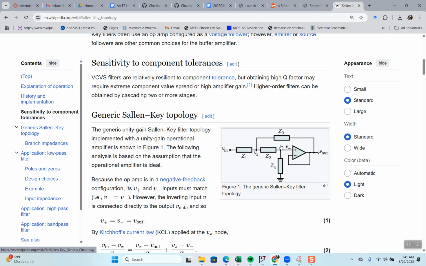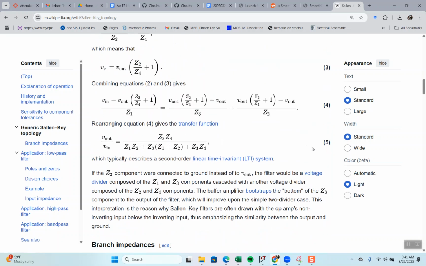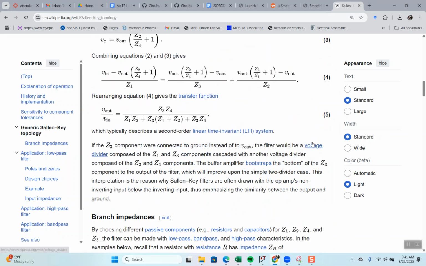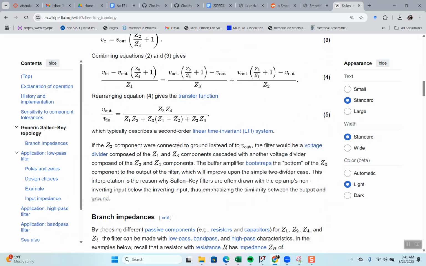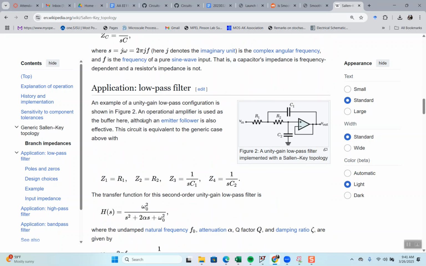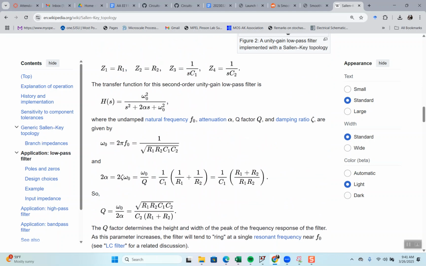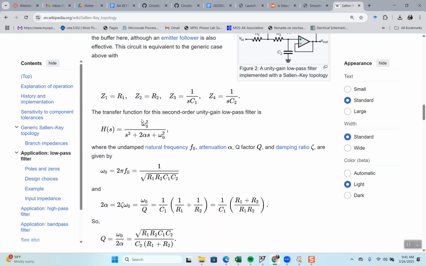And because of that switch, and this is just generic impedances, right? Okay. So here's that equation.